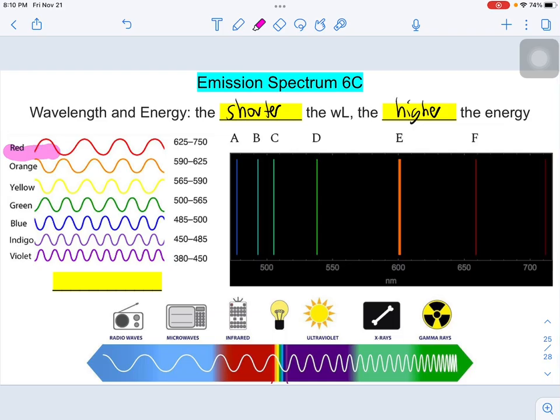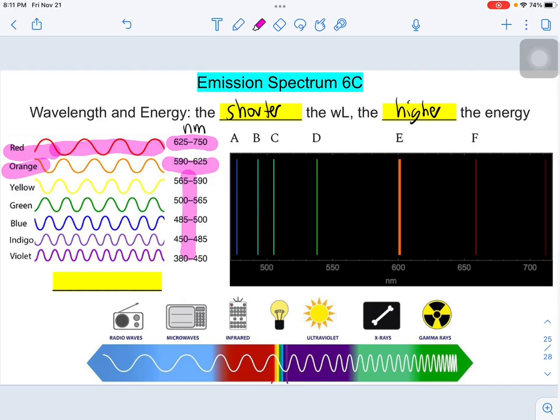So let's take a look at red. Yes, we can see the wavelength, but we also can see that. And by the way, these measurements are in nanometers, very small lengths of distance, right? Red has a wavelength of 625. Orange has a wavelength of 590, and on and on and on, students.